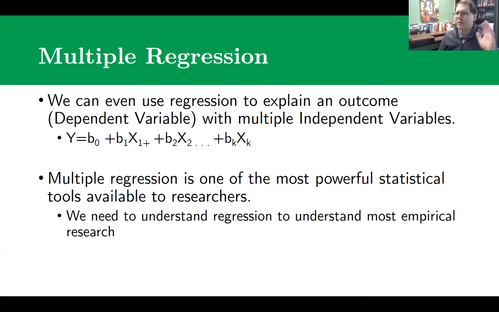If we're looking at a multiple regression equation, so we're using multiple independent variables to explain our dependent variable, we're just modifying that equation of a line slightly. We still have an outcome y, we still have a y-intercept b sub 0, we still have a slope b sub 1, and we're multiplying that times one independent variable, x sub 1.